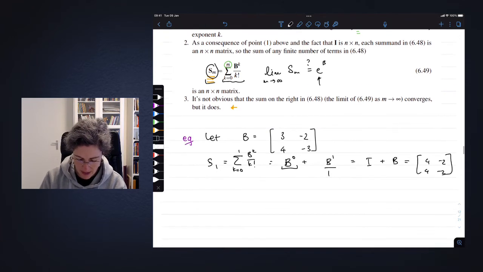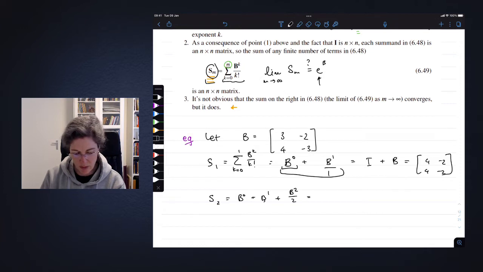Okay, let's take another term. If we look at S2, that's going to be these two terms plus b squared over 2, and you could plug this into MATLAB, or you could multiply out by hand, and you would find that this was 9 over 2, minus 2, 4, minus 3 over 2.